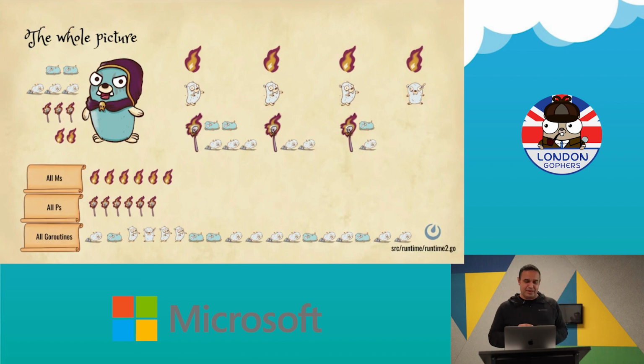We are going to explain that a bit later. And then you have the scheduler, where you have the global queue, the global free Goroutine list, and the list of idle processors and idle machines. Also, as part of the global state of the runtime, you have all the M's, all the P's, and all the Goroutines in 3 lists that are the global state of the Go runtime.